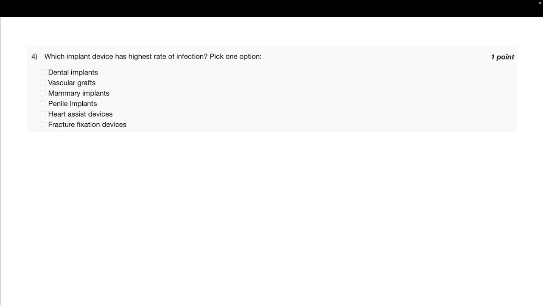Any response? Any attempt? Heart assist device. Okay, that's option 1, 2, 3, 4, 5. Fifth option, heart assist devices. Okay. Anybody else? Yes, ma'am. Heart assist devices. Okay, thank you.